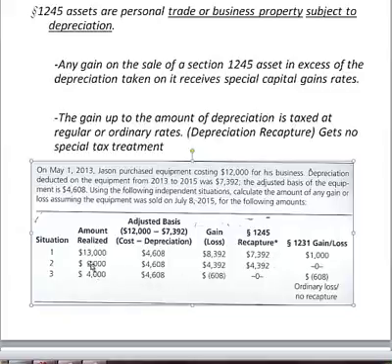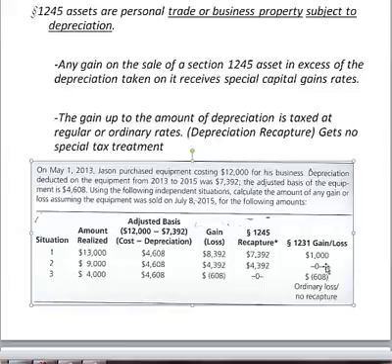Now let's look at situation 2 where Jason sold the property for $9,000. Once again we have a basis of $4,608, so his gain is $4,392. His gain is lower than what his depreciation was, so none of the gain is in excess of the depreciation taken in the past.